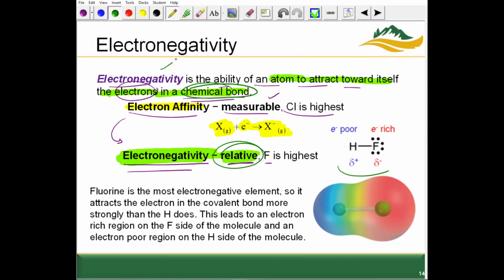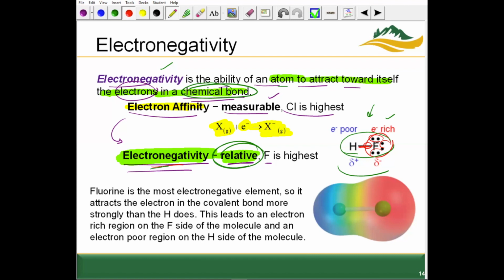Electronegativity describes the ability of an atom to attract electrons towards it within a bond. So relatively speaking, does hydrogen have a greater electronegativity than fluorine because they're sharing a bond right here? Fluorine has a much higher electronegativity relative to hydrogen because it wants to hog those electrons closer to itself.